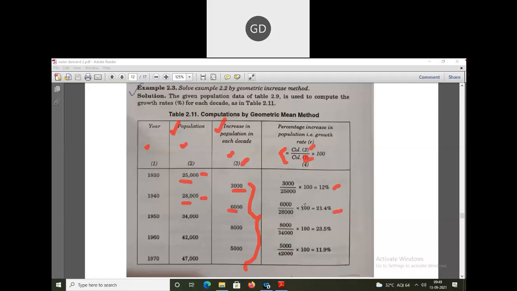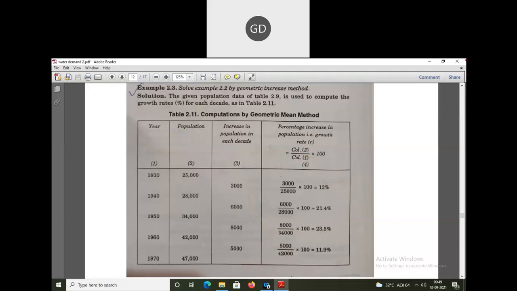So after you get all these percentage growth rates, altogether you have got four values. This is 1, this is 2, this is 3, this is 4. So up to here your table work is finished.